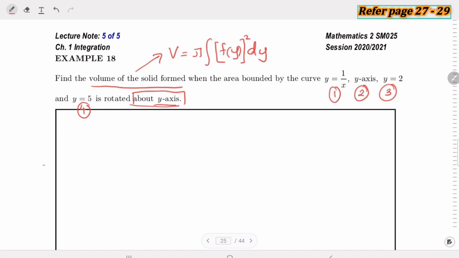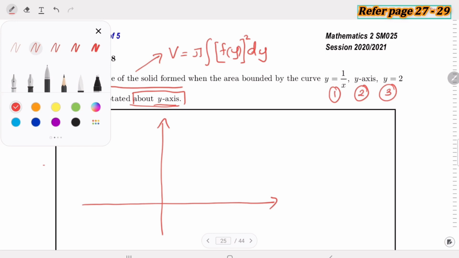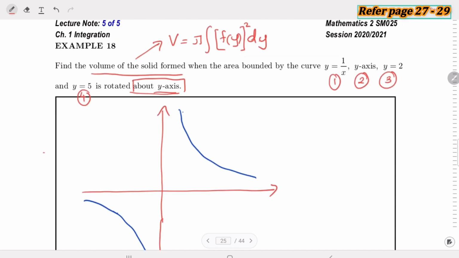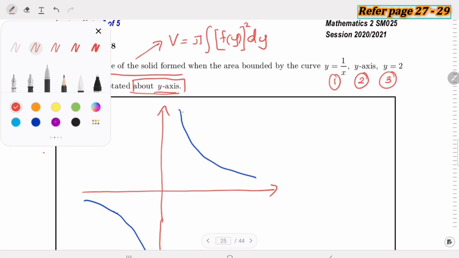So y equals 1 over x. First let's sketch the axes, x and y. For y equals 1 over x, we change to the color blue. Next the line y equals 2, so we use purple color.